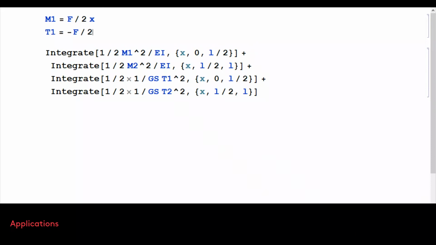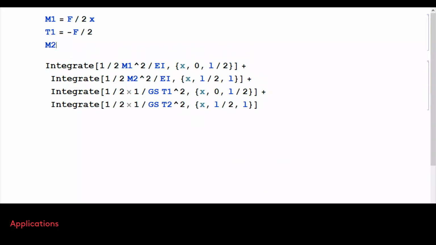M2 is equal to F divided by 2 multiplied by L minus x.